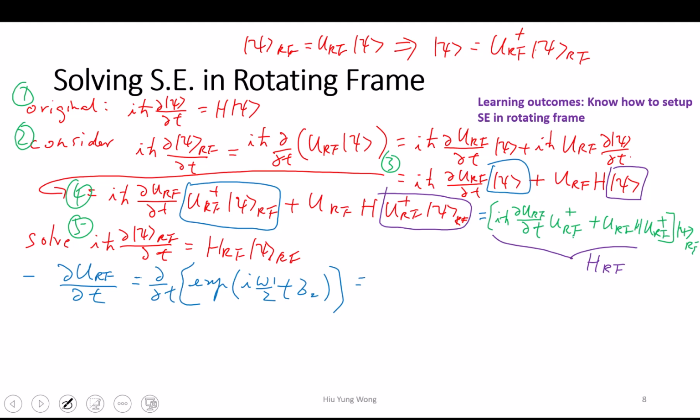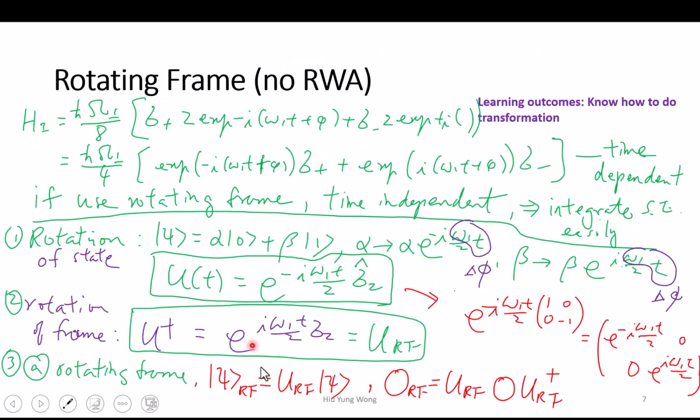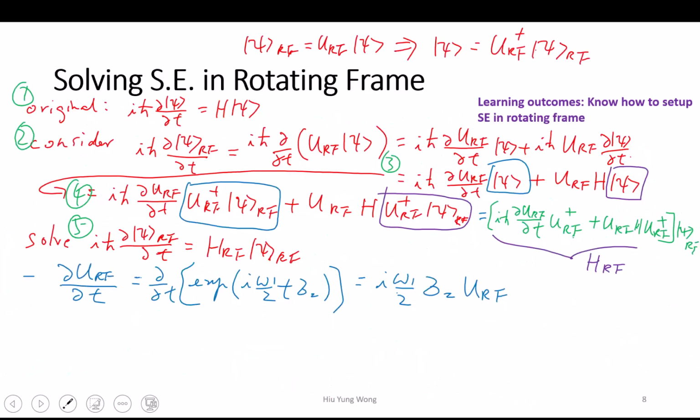It's just i omega 1 divided by 2 sigma z, and then U_RF. Should there be a negative here? Very good. Because U_RF is the dagger of U, and U has a negative, so now it doesn't have a negative.